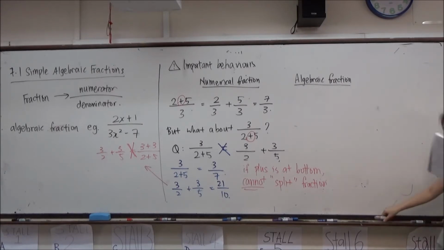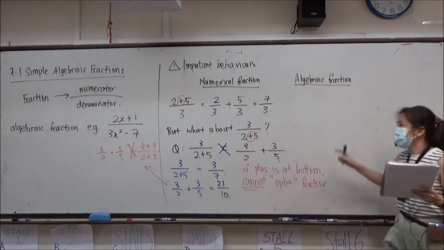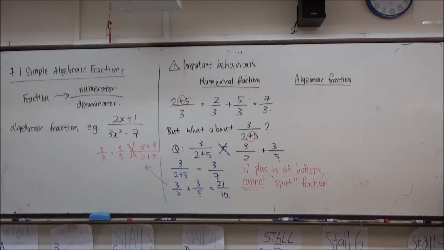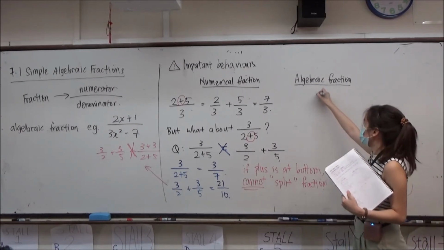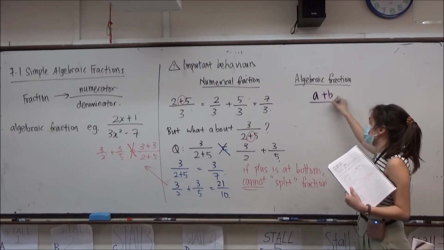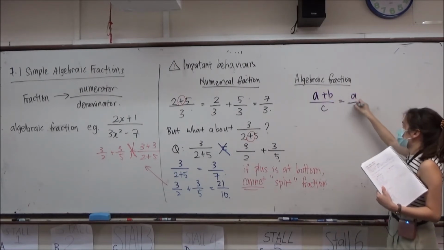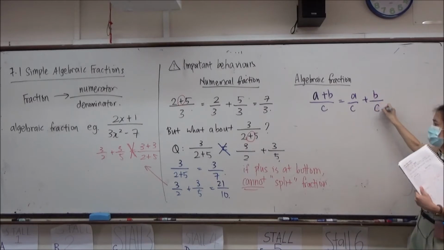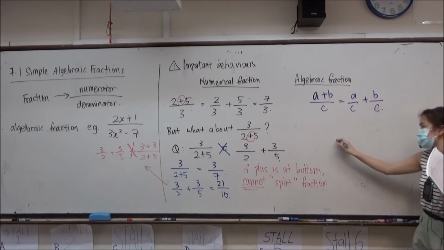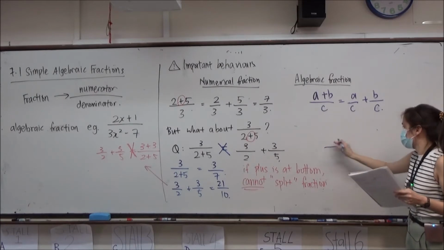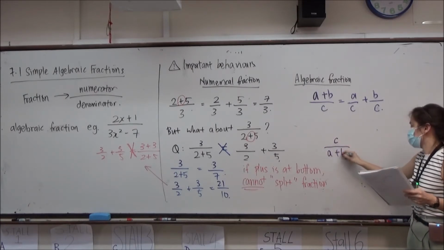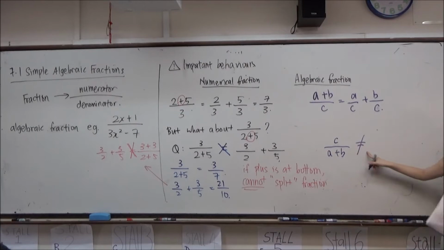So when it comes to algebraic fractions, we can conclude in a generic way that if the plus sign is on top, I can write it in this manner, and if the plus sign is at the bottom, it is definitely not equal to.